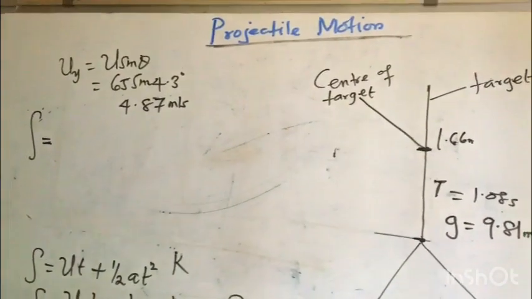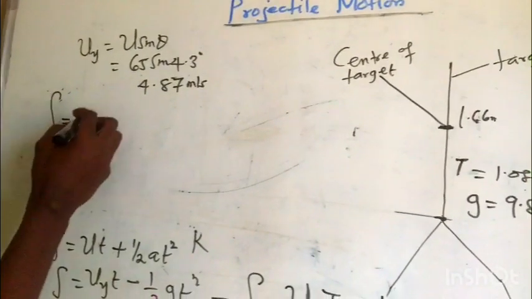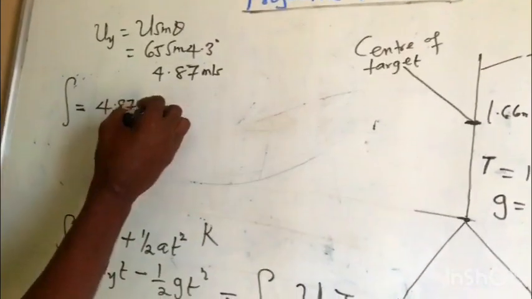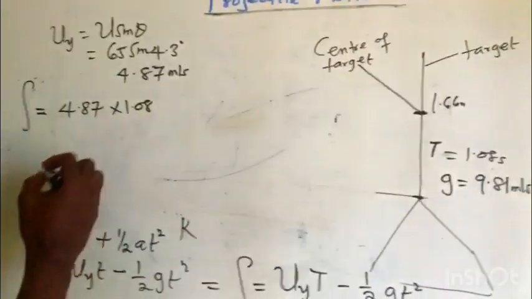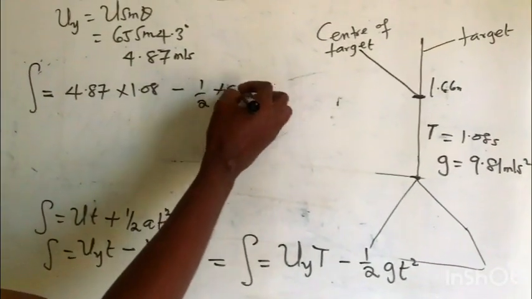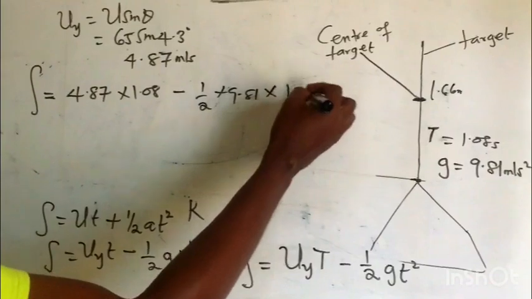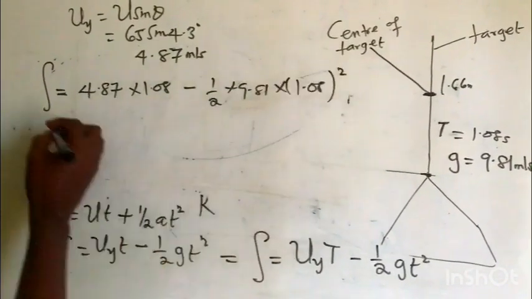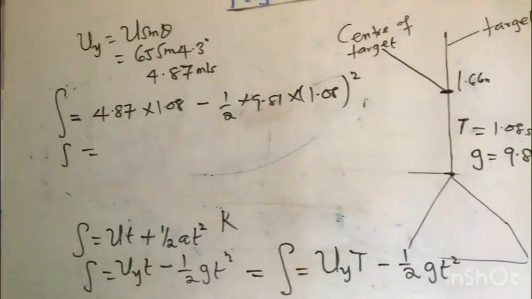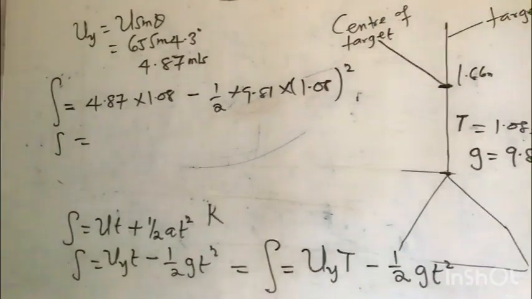Now that means my x will be uy, which is 4.87, times my time of flight, 1.08, minus half times 9.81 times 1.08 all squared. That means my x will now be 1.08 multiplied by 4.87.